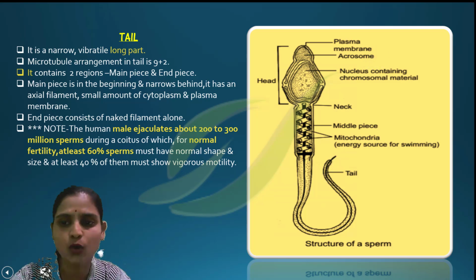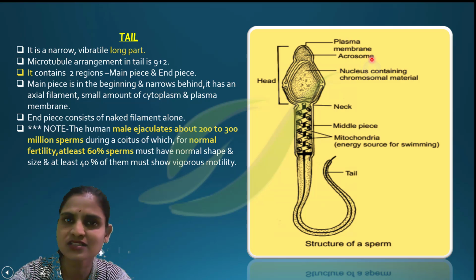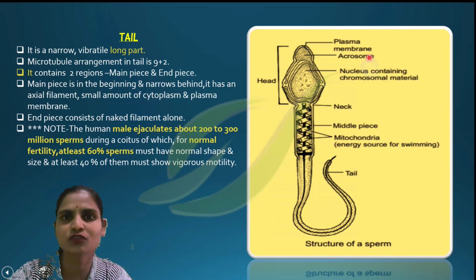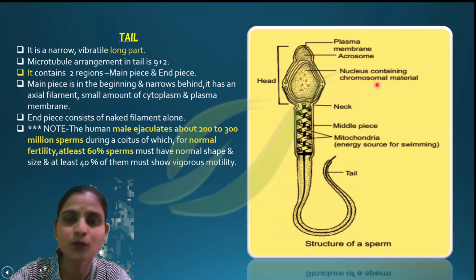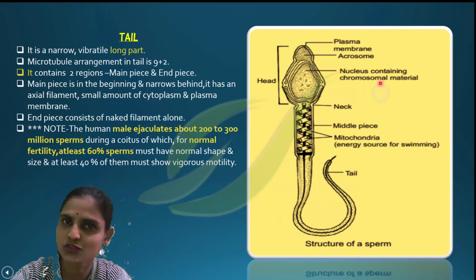Next part is the acrosome. We have studied that it releases an enzyme which helps in penetration of the sperm into the ovum. Next one is the nucleus. The nucleus plays a very important role because it consists of genetic material.